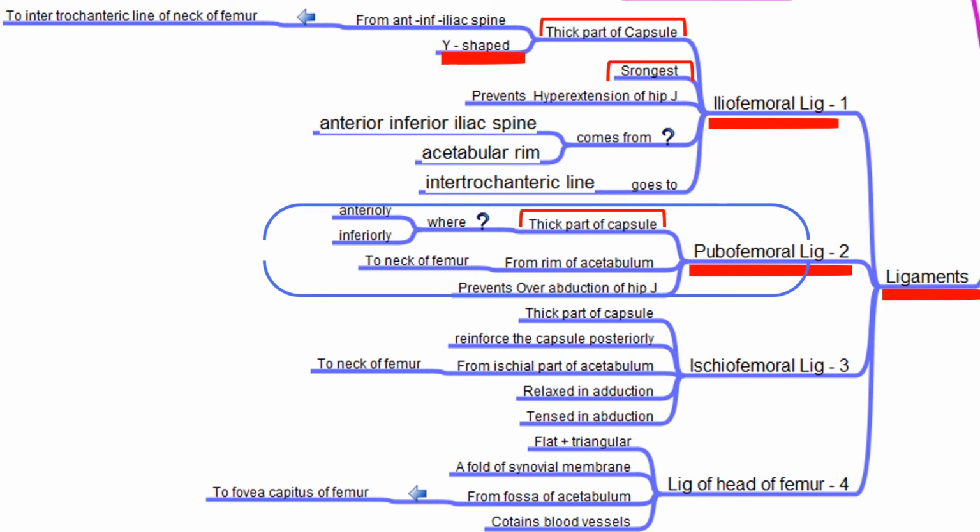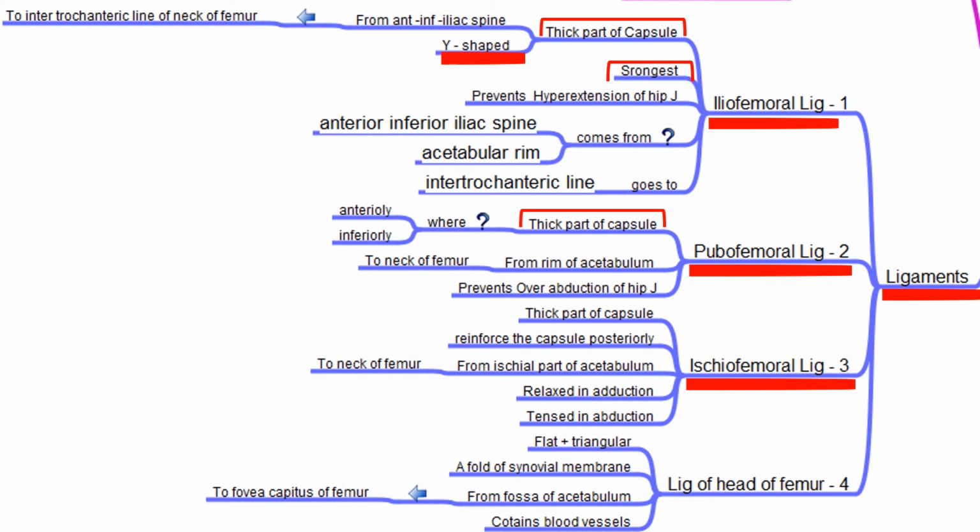And where do we find it? We find it anteriorly and inferiorly, and it extends from the rim of the acetabulum to the neck of the femur, just like the iliofemoral, and it prevents over abduction of the hip.